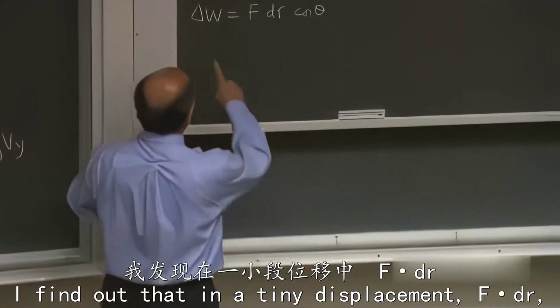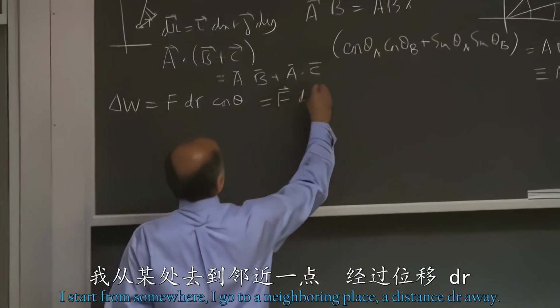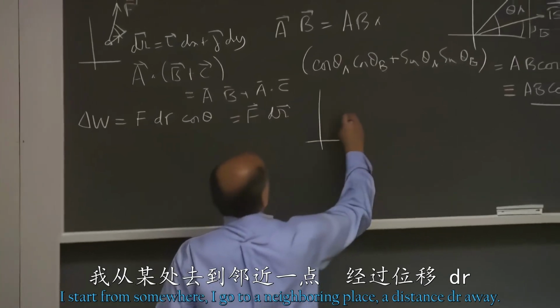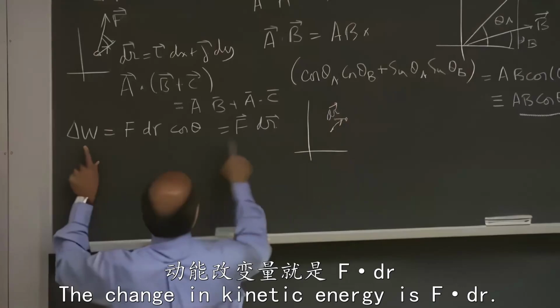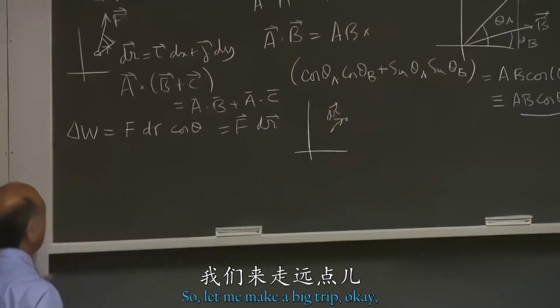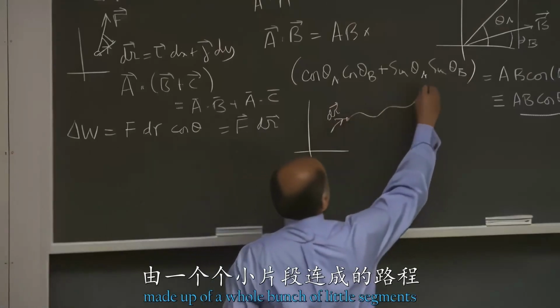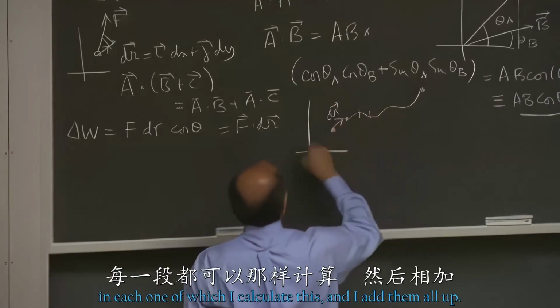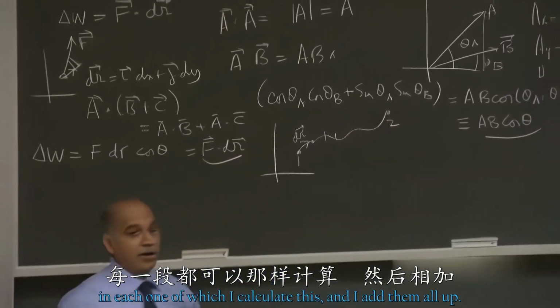In a tiny displacement, from somewhere to a neighboring place a distance dr away, the change in kinetic energy is F dot dr. So let me make a big trip in the xy plane made up of a whole bunch of little segments, in each one of which I calculate this, and I add them all up.